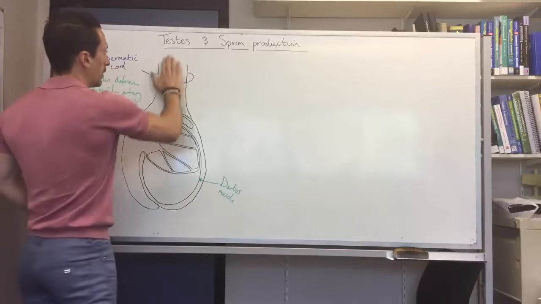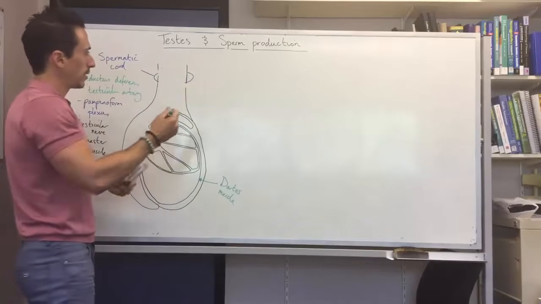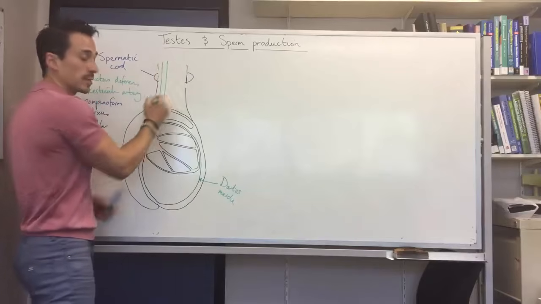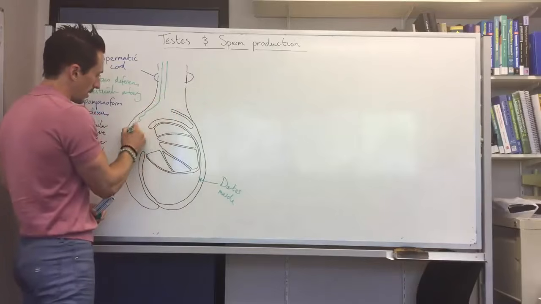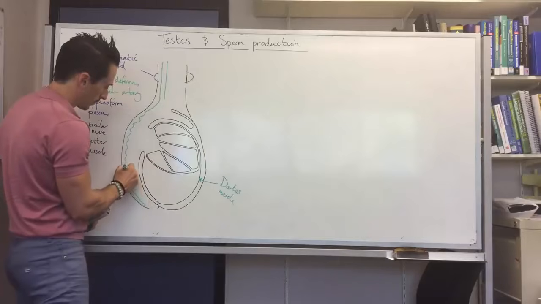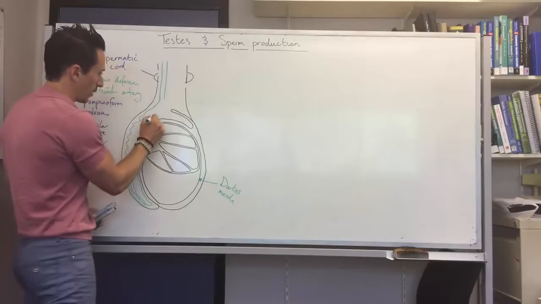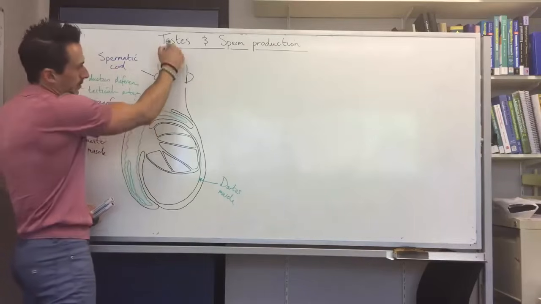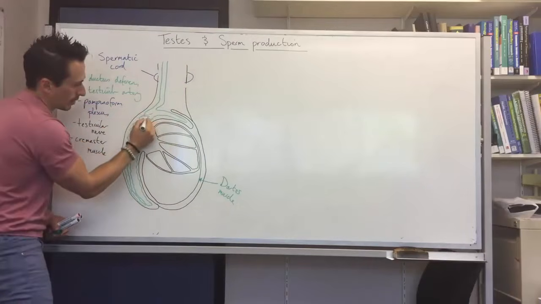Now, what you can find here is, I told you that you've got that ductus deferens, which is in the spermatic cord, and that ductus deferens is attached here. And what we're going to find is that this ductus deferens is attached to the epididymis.